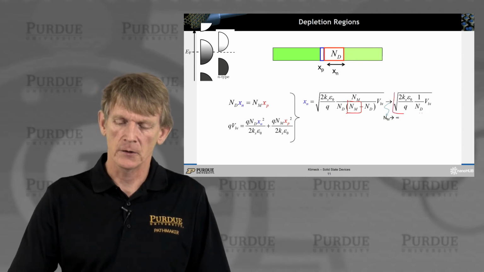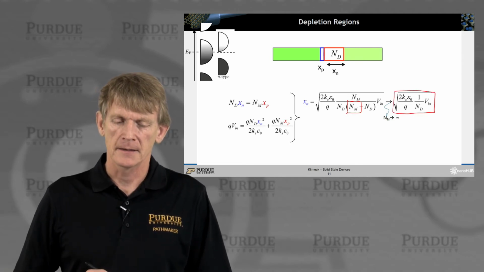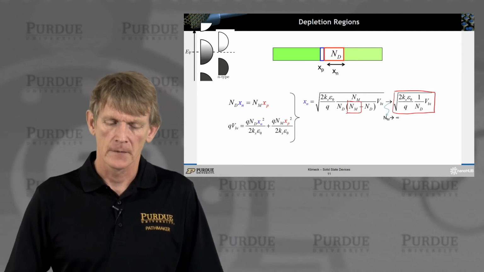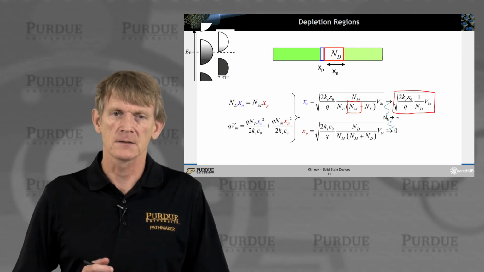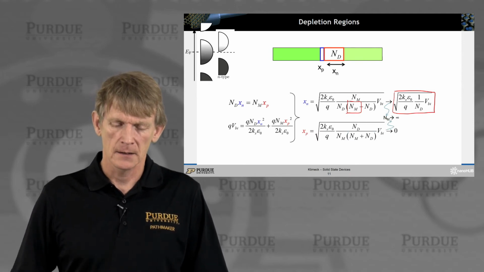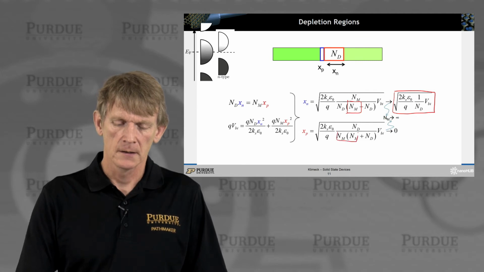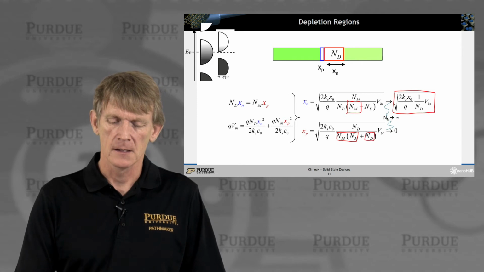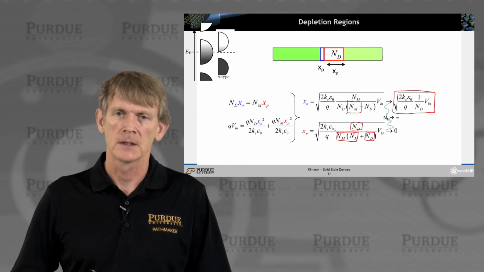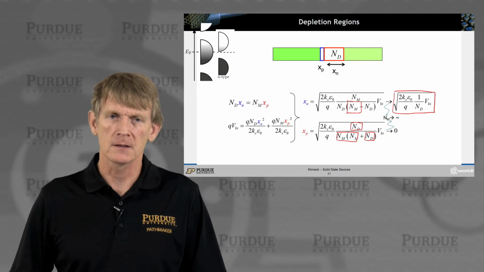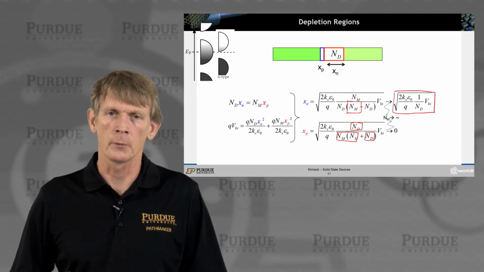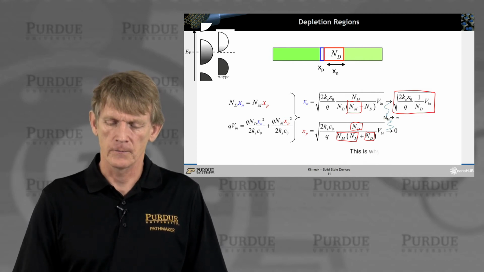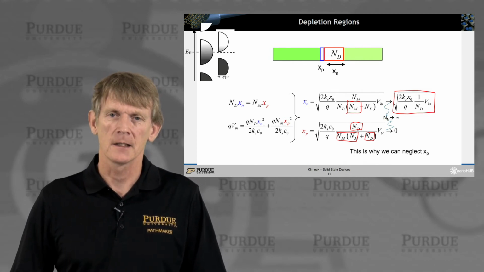So the expression for Xn is going to be independent of the number of states in the metal. The flip side for the distance of Xp in the metal, it now depends as a square of the number of metal states compared to a linear dependence on the donors. And again, the number of states in the metal is orders of magnitude larger than the doping we can provide in the semiconductor. Therefore, this term goes to 0. This is why we can neglect Xp.